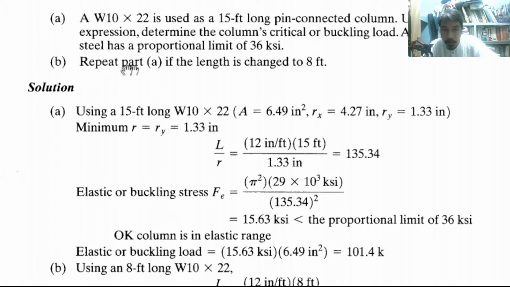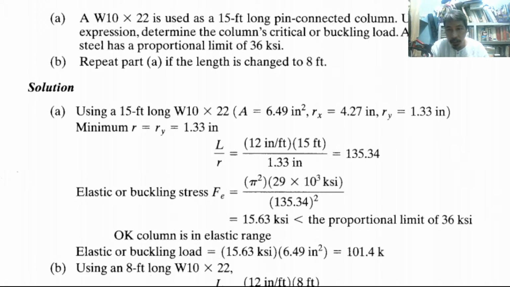And letter B, repeat part A if the length is changed to 8 feet. So let us compare if really the length of the column will influence the susceptibility of the member to fail.